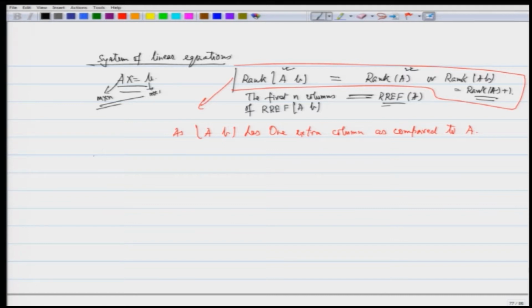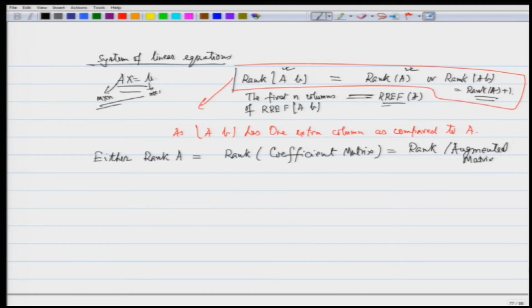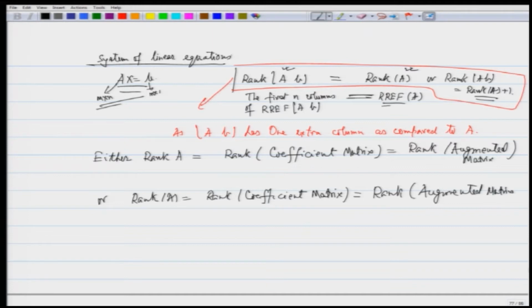So, what we are going to write is, so either rank of A, which is same as rank of coefficient matrix, is equal to rank of augmented matrix, or rank of A, which is same as rank of coefficient matrix, will be equal to rank of augmented matrix minus 1, fine. So, would like to look at this case first, all right.